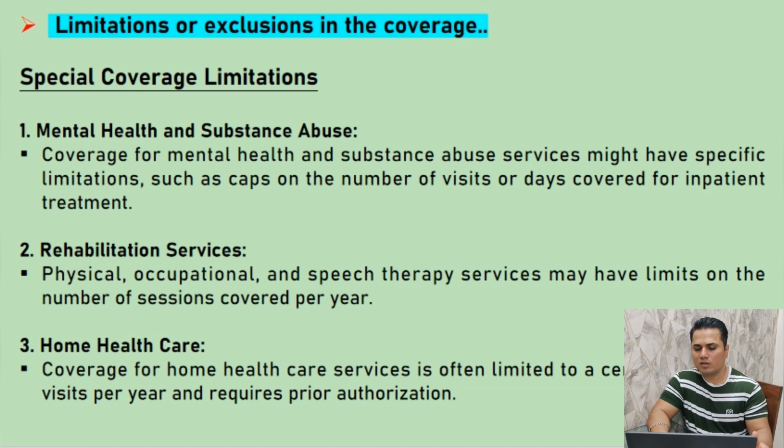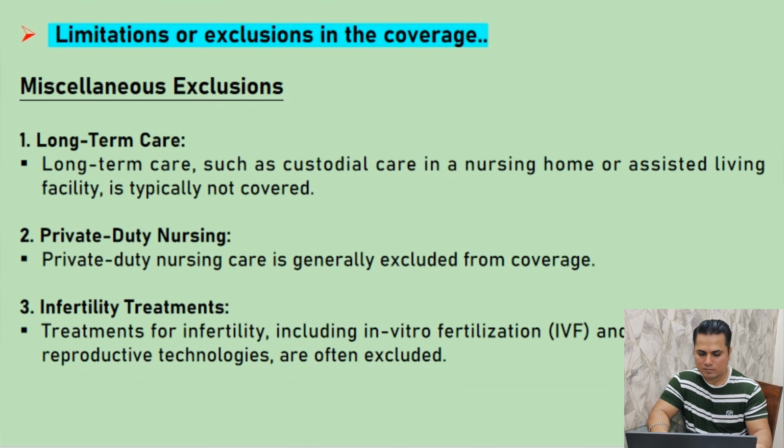Physical, occupational, and speech therapy services may have limits on the number of sessions covered per year. Number three, home health care. Coverage for home health care services is often limited to a certain number of visits per year and requires prior authorization.